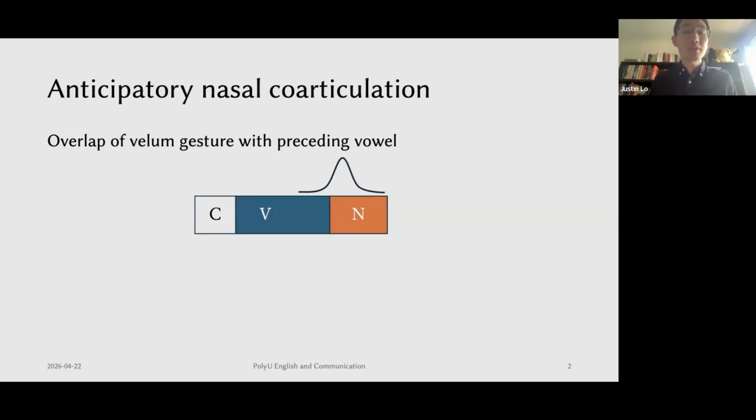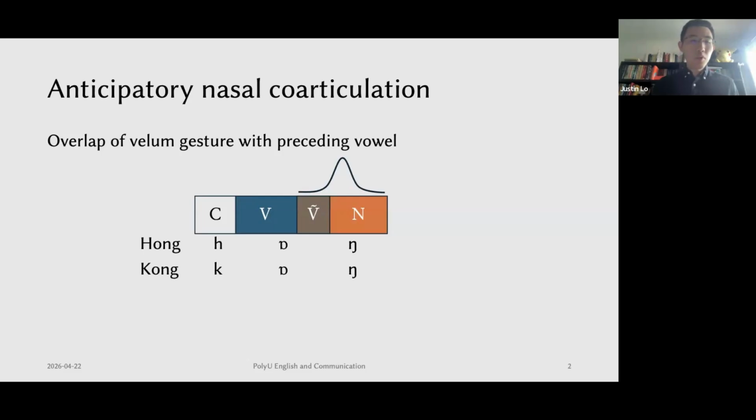In order to prepare ourselves to make these nasal sounds, we often have to move the articulator, that is the velum, a bit earlier. So if we have vowels coming before the nasal consonants, then some part of the vowel will become nasalized, and this is what we refer to as anticipatory nasal co-articulation.